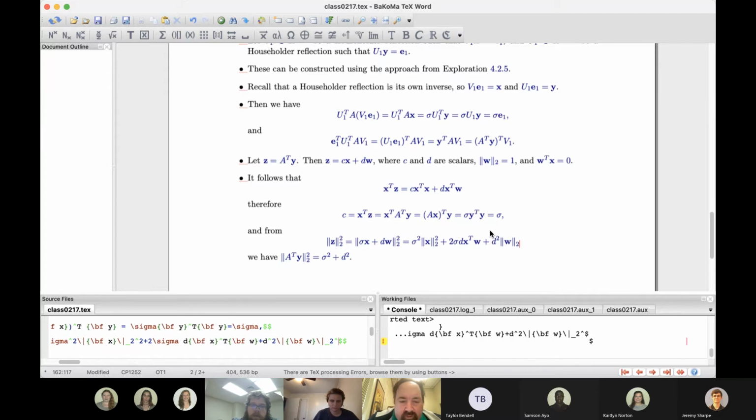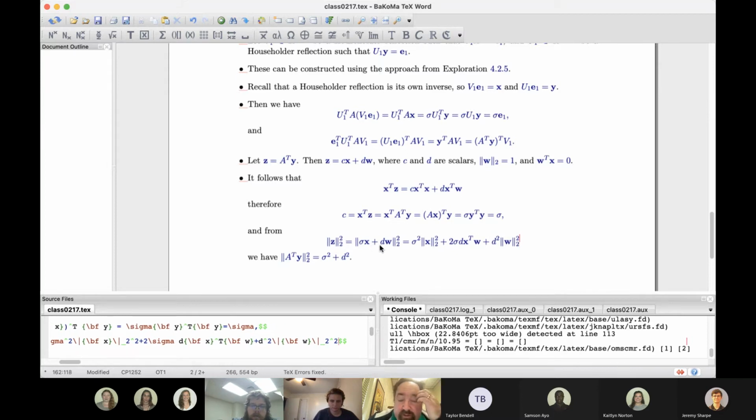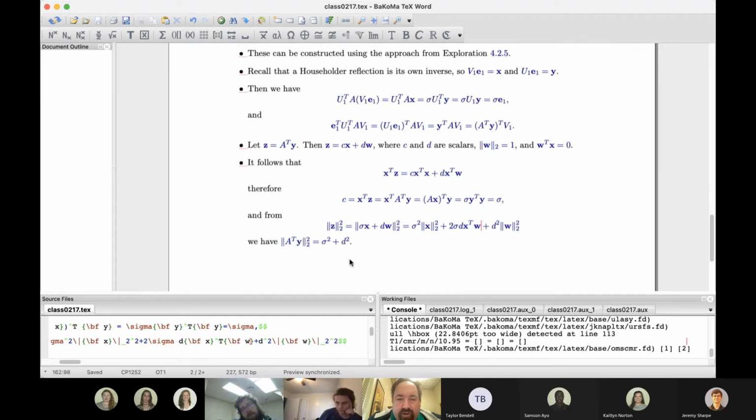So this is what we get when we expand the 2 norm squared of a sum. We get this. But this is 1. This is 1. And that's 0. So it boils down to this. We just have sigma squared plus D squared.